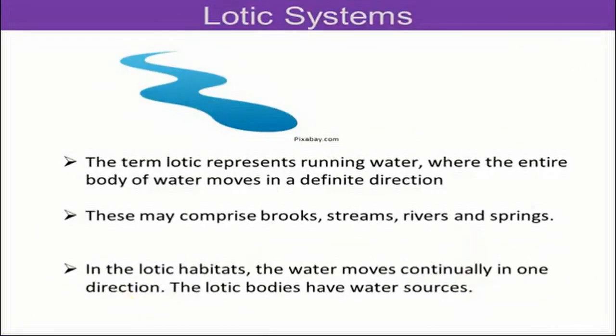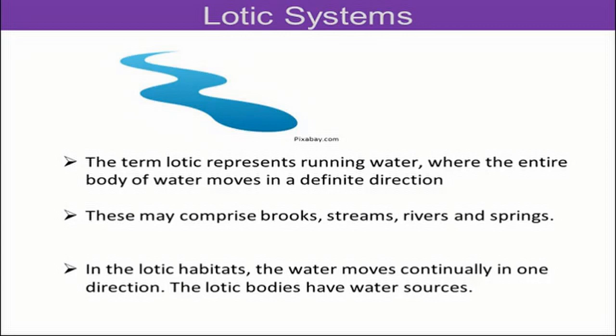Now coming to Lotic systems. The term Lotic represents running water, where the entire body of water moves in a definite direction. Think about a river, where the water moves in one specific direction. So these are called Lotic systems.